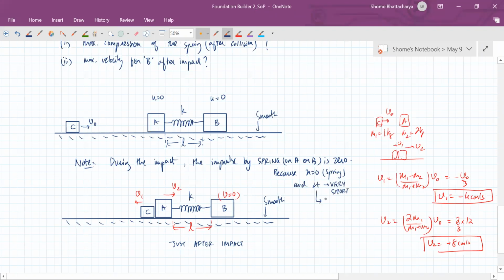The collision time, that's very short. Okay, so this is the important thing to understand. So that's why we can treat the collision like a separate event.